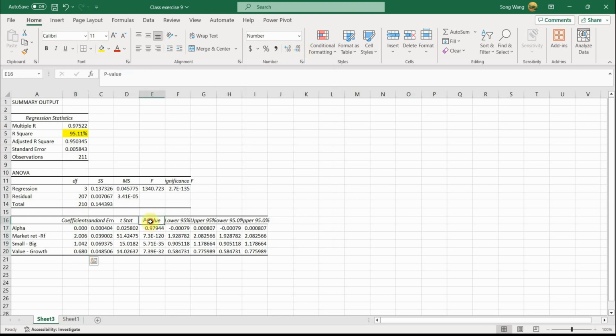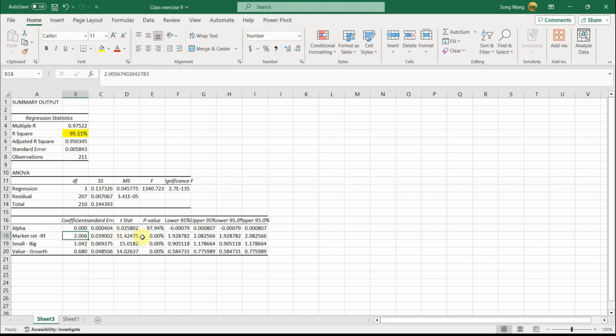And you also need to look at the p-value here. If I convert them to percentage, you will see that this market factor has 0% p-value, and its beta is 2.